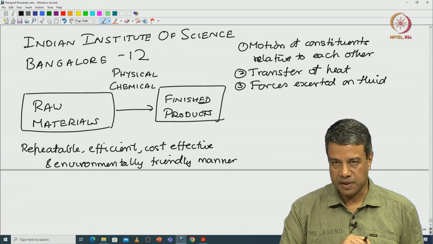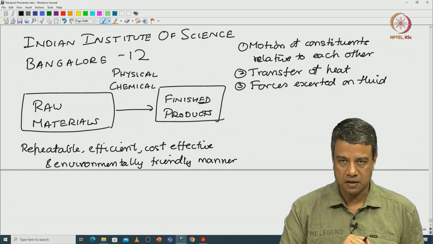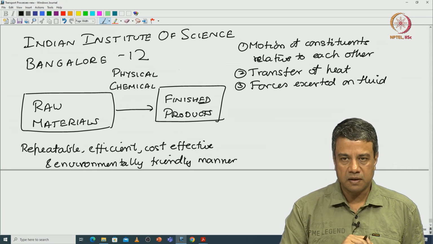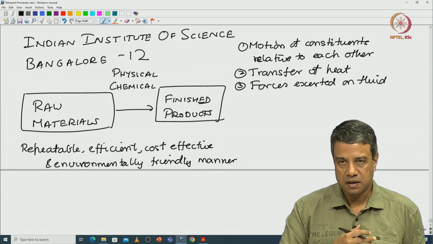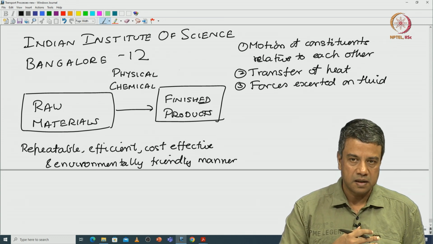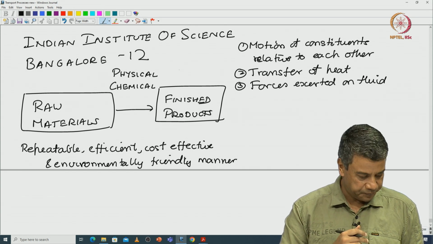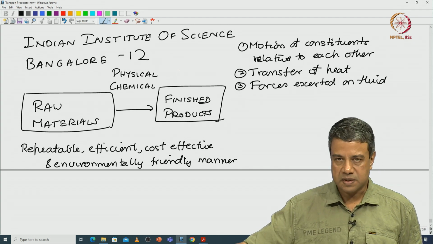For flow in a pipe, you have to apply a pressure difference between the inlet and the outlet. That involves forces that are exerted on the fluid. So, they typically involve transport of constituents, that is mass transport relative to each other, transport of heat, and forces exerted, which is basically a transfer of momentum. These are the processes that we will study here.